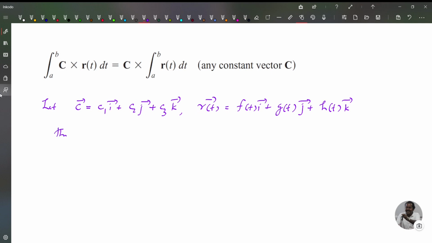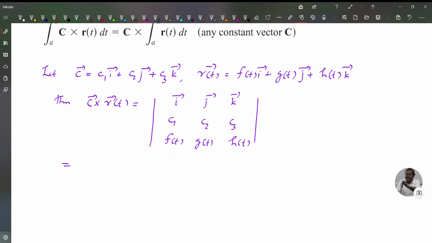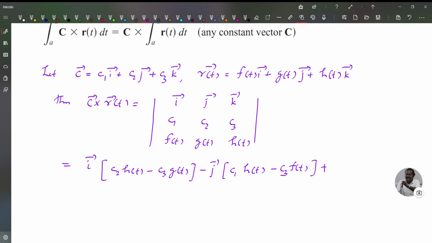Then c cross r of t equals the determinant of i j k, c1 c2 c3, f of t g of t h of t, that is equal to i into c2 h of t minus c3 g of t, minus j into c1 h of t minus c3 f of t, plus k into c1 g of t minus c2 f of t.